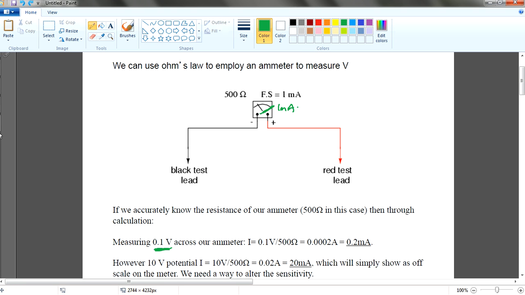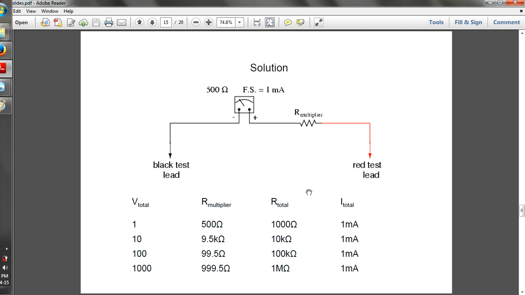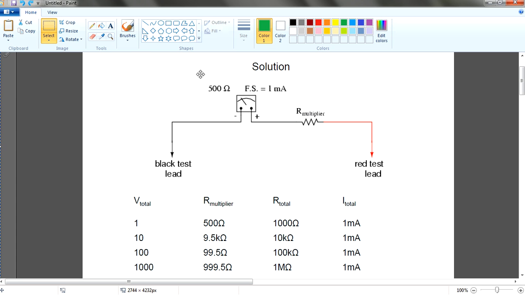So in order to do that, what they actually do is to implement an R multiplier over here. So what does it do? What this R multiplier does is to increase the resistance, right? So if you have a resistance of 500 ohm, the R total in series is 500 ohm plus 500 ohm, which is 1k ohm.